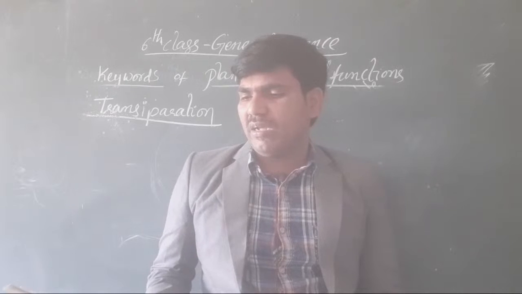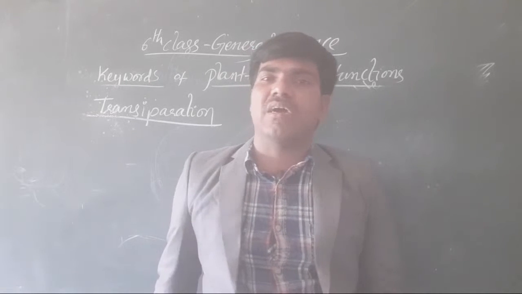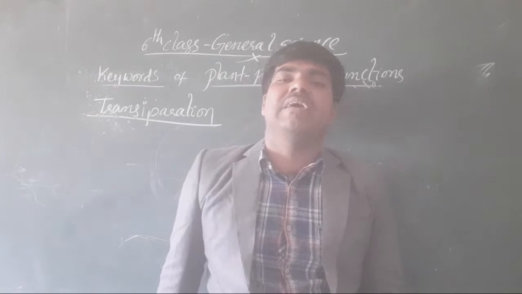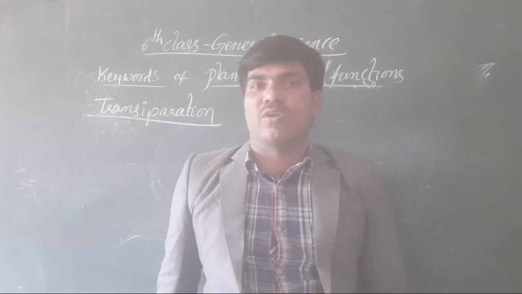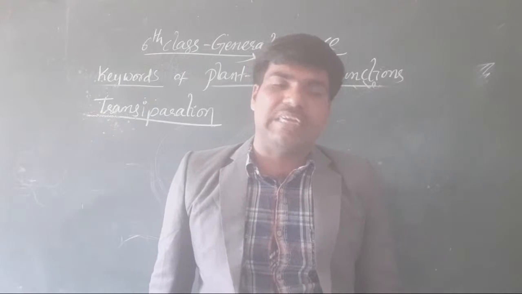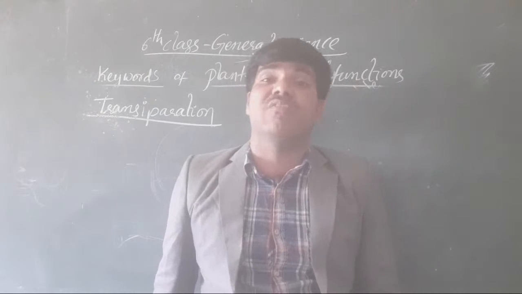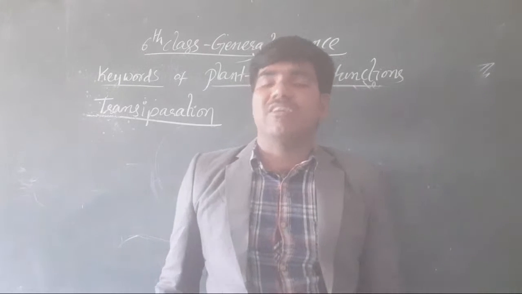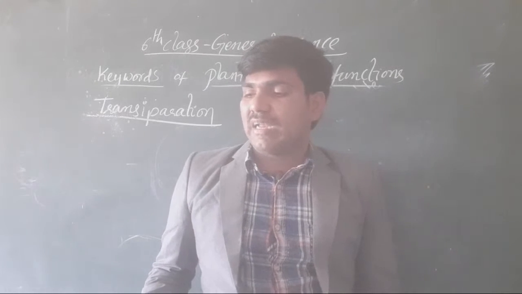Next, stomata. Stomata are parts of our leaf which are used for breathing in a plant, like our nose, and are located in the middle of the flesh of the leaf. The next one is reticulate venation.